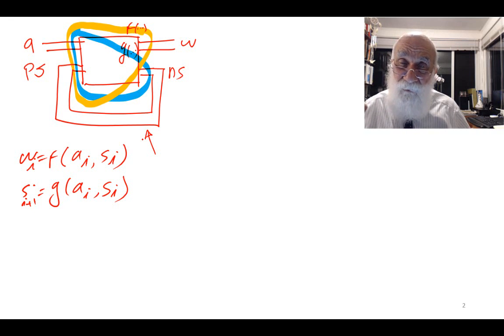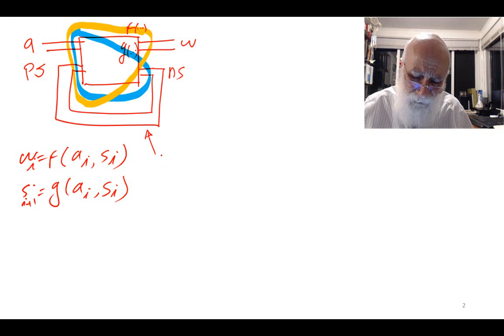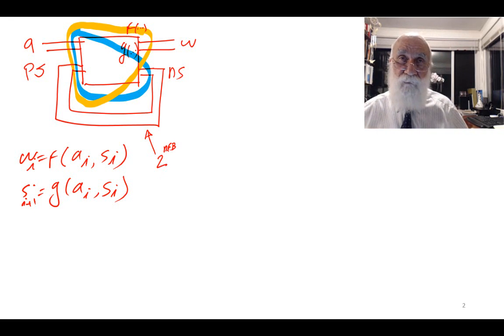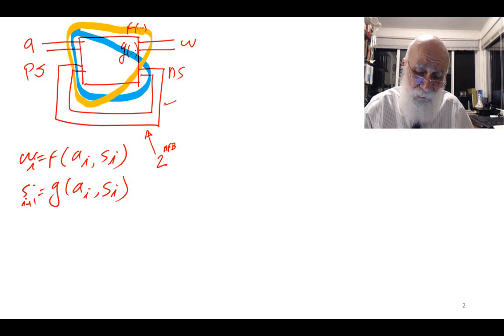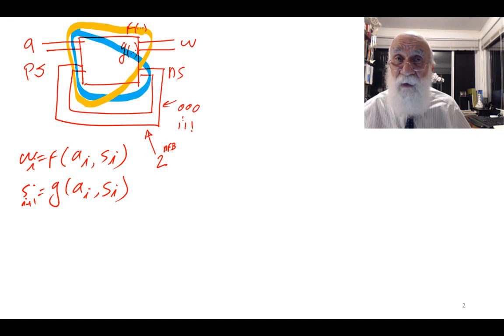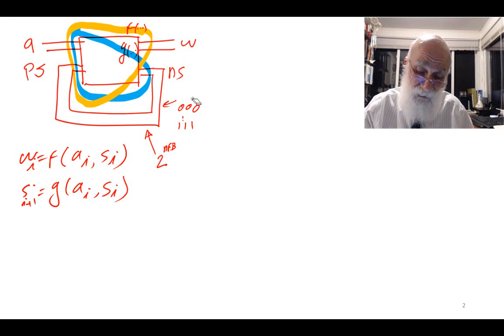I say that for any number of feedbacks that I have, the number of things my circuit remembers is maximum 2 to the number of feedbacks, the number of lines being fed back. And this is obviously clear, right? If you have 3 lines here, that means 000 all the way to 111. That means your circuit remembers, or can distinguish between 8 different states in addition to whatever the input is. And therefore I say that my circuit has 8 numbers that it can remember.